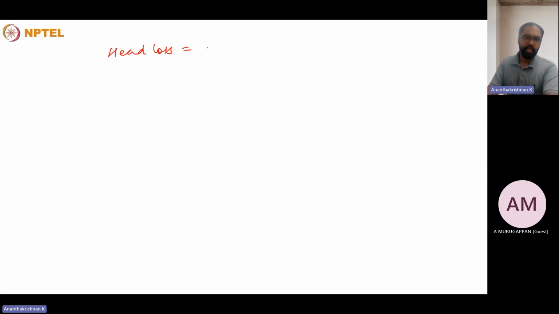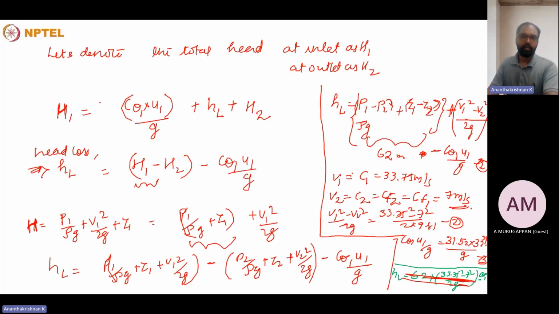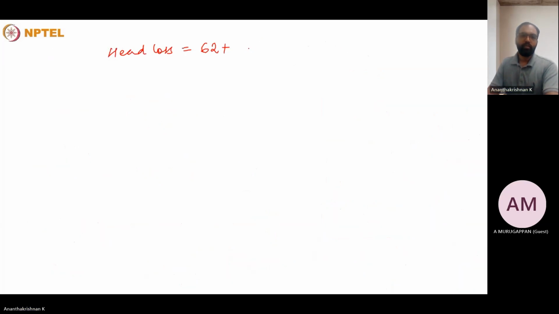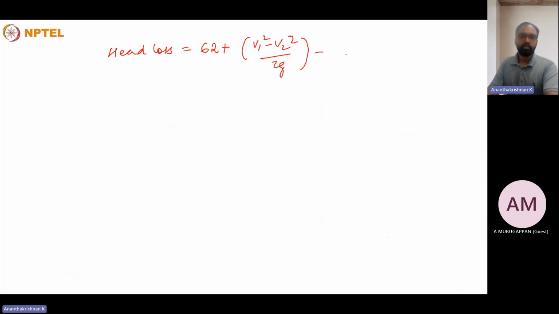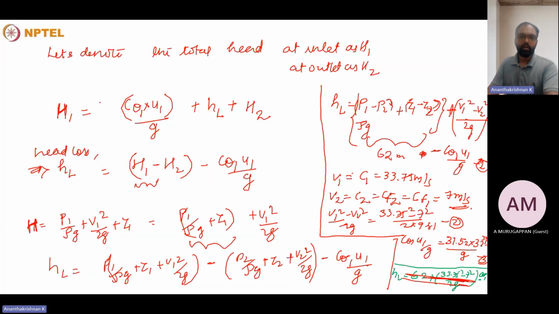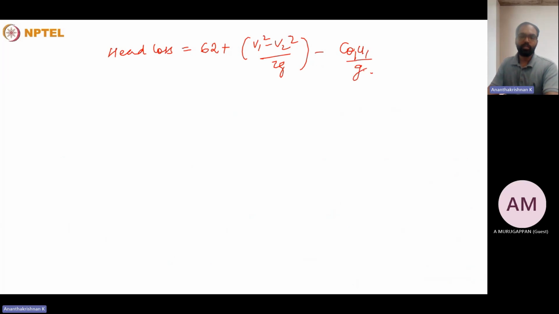So the change in the sum of the static and potential heads between the inlet and exit is given as 62. The second term is the change in kinetic heads between the inlet and exit, V1 squared minus V2 squared divided by 2g, minus the power in terms of head developed by the turbine, C theta 1 U1 divided by g.